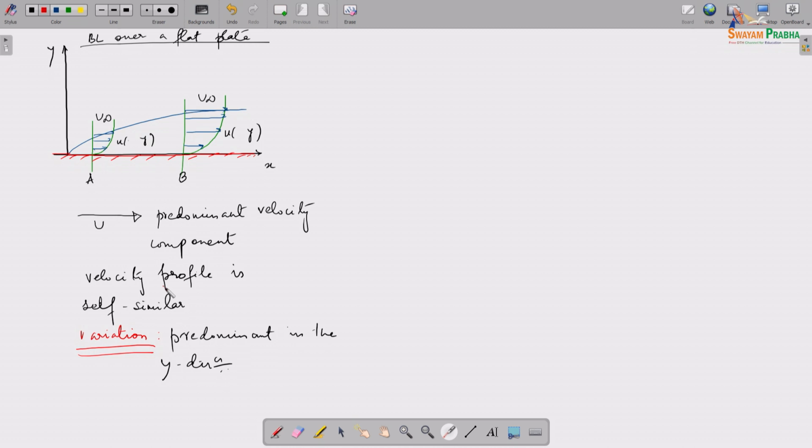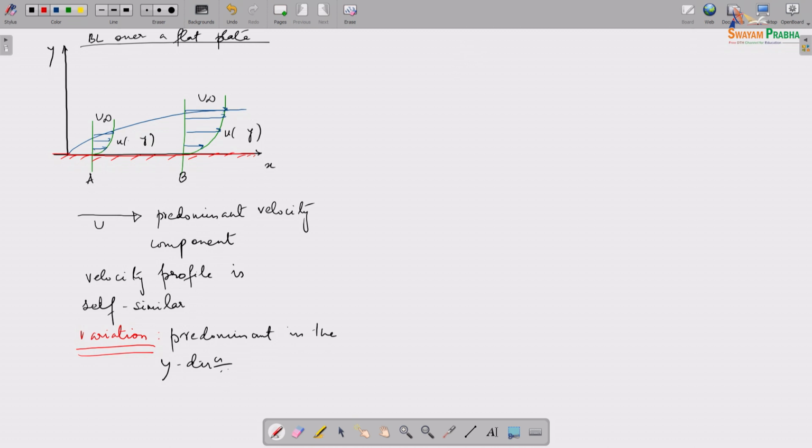Now I think that if you don't look at the picture here, but just look at the definition of this boundary layer, it doesn't seem very different from a turbulent flow in a round jet.